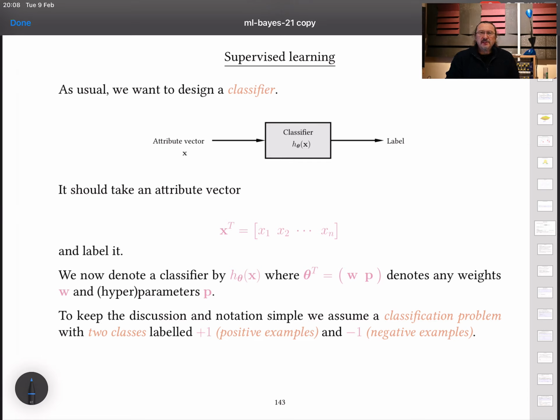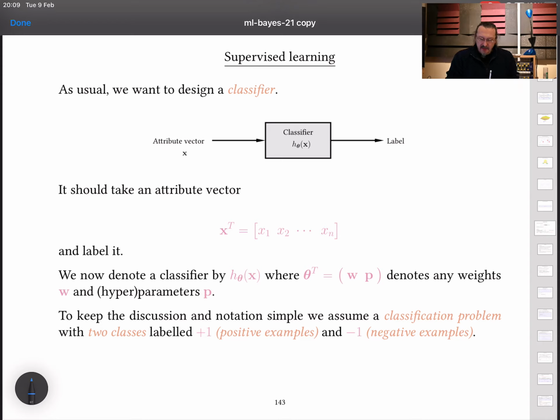When I talked about supervised learning last year, I talked obviously about wanting to come up with a classifier that would take an attribute vector, a feature vector, X, and map it to a label. And I denoted that classifier, I think, just in terms of the weights that you pick.